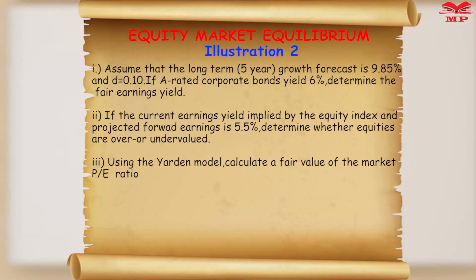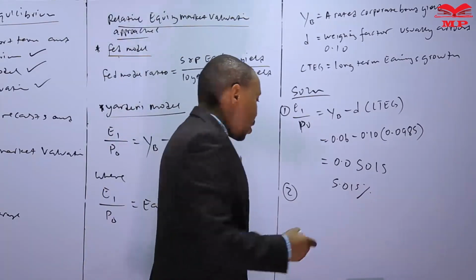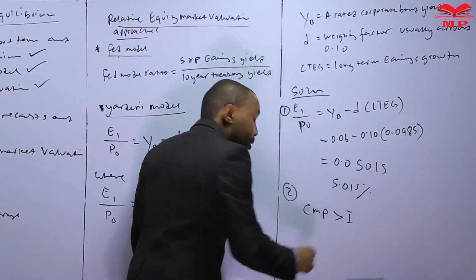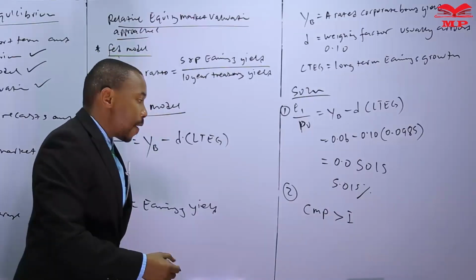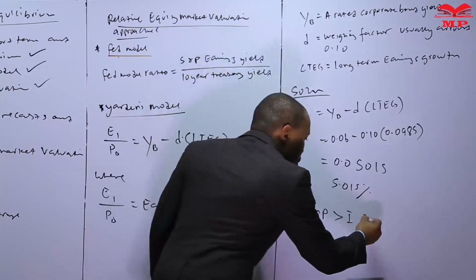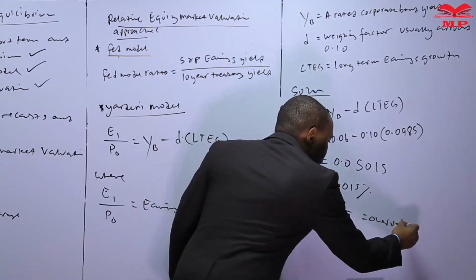Part two of the question asks if the current earnings yield implied by the equity index and projected forward earnings is 5.5%, determine whether the equities are over or undervalued. The rule of thumb in equity investment analysis is: if the current market price is greater than the intrinsic value, what you believe the value of the equity index should be, then it is overvalued.